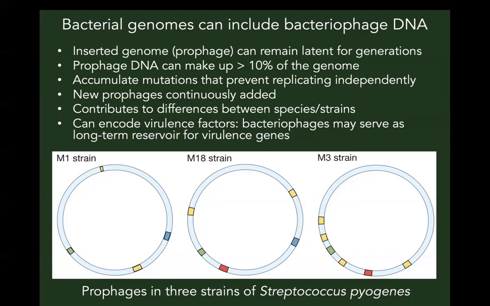Bacteriophages will often have the genes that allow bacteria to be virulent. So they can give the bacteria some tricks that allow them to evade their eukaryotic host's defenses. And so this is another way in which the bacteriophage DNA that gets incorporated into bacteria is important.